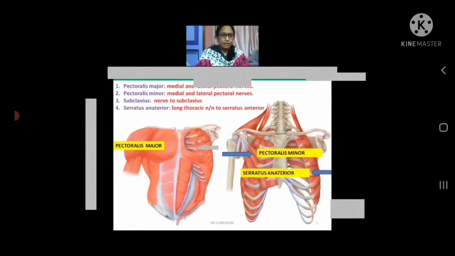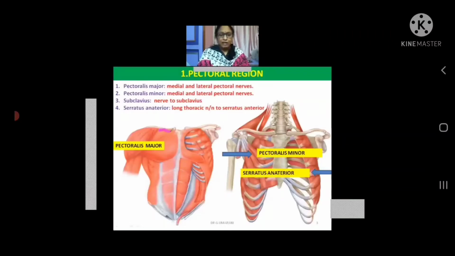Now we'll see the origin of pectoralis major. This muscle arises from the anterior surface of the medial part of the clavicle, the manubrium and body of the sternum, and up to the 6th costal cartilages, along with the aponeurosis of the external oblique muscle.